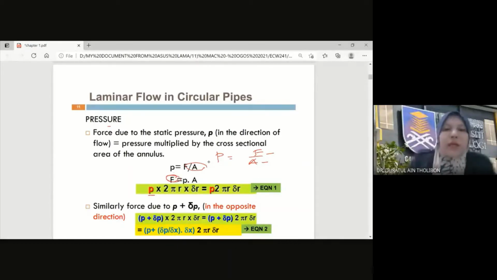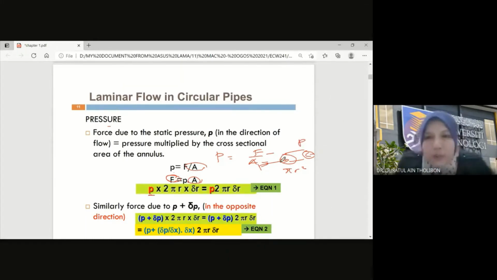Okay, so P times A. For a circular pipe, the area is pi r square. So disebabkan kita ada dua area, pressure from the opposite direction pun kita ambil kira, so that's why kita ada dua force to the area.